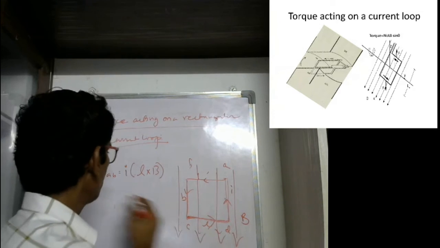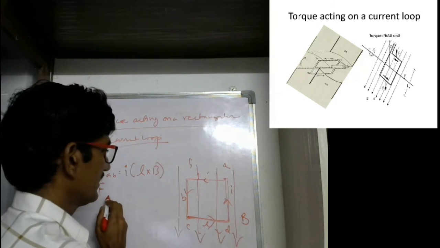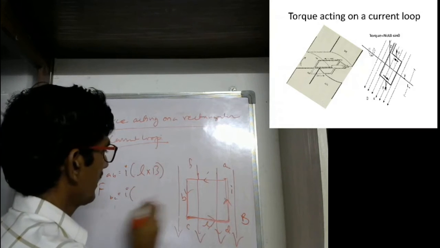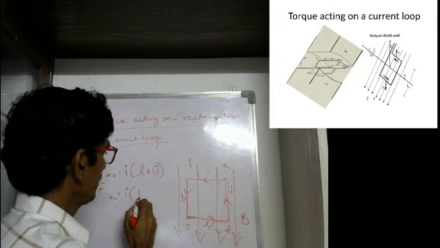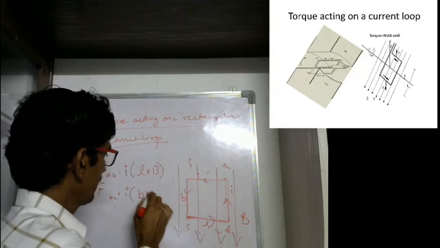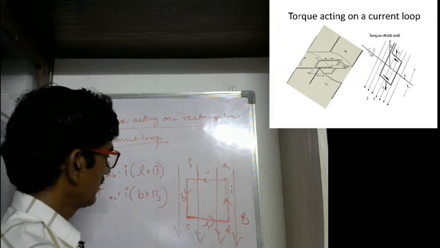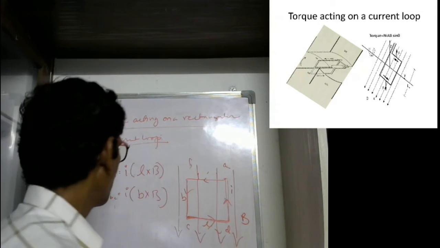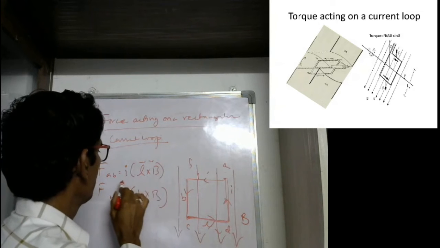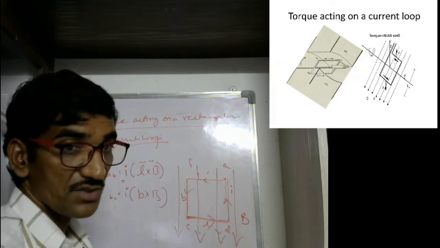Now let us go for F of BC. Here also current I is flowing. Here this length is B, this is B. Is it correct? Yeah, I L cross B, it is okay. First one is 0 or non-zero?